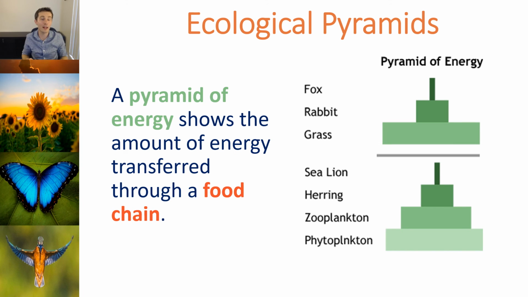And then the pyramid of energy shows the amount of energy transferred through the food chain. This tends to have generally the same sort of trends where we increase up, simply because the producers obviously are producing the greatest amount of energy, and then we only get that 10% generally as an approximation transferred throughout these different trophic levels. That can differ.